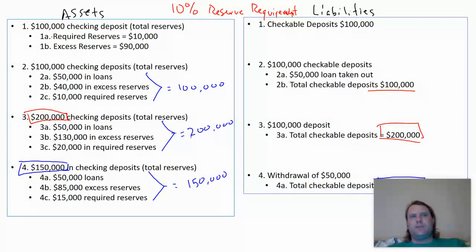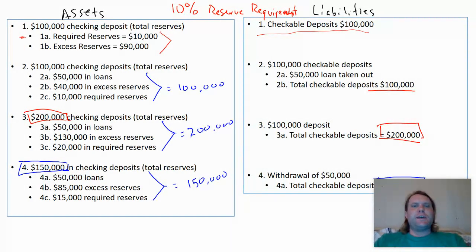Otherwise, we can't figure out the required reserves and eventually the excess reserves, the money they can loan out. So this particular bank starts out with $100,000 in checkable deposits. With that 10% reserve requirement, 10% of 100,000 gives us our required reserves, which is what we need to list there.